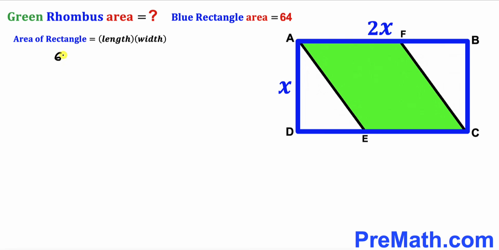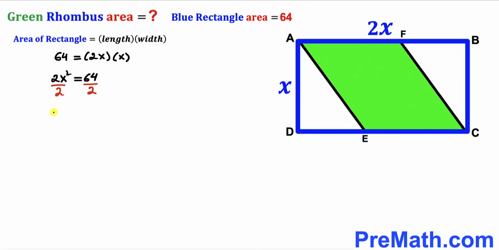So we got area 64 equal to length, 2 times x, times the width, x. Therefore we can write 2 times x square equals 64, and I'm going to divide both sides by 2 to isolate x square.